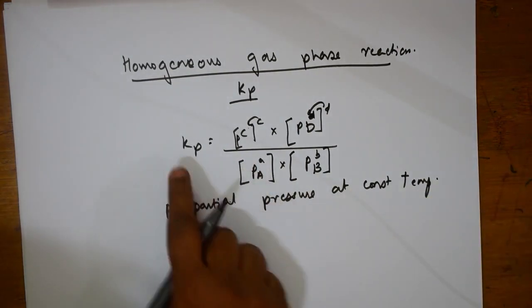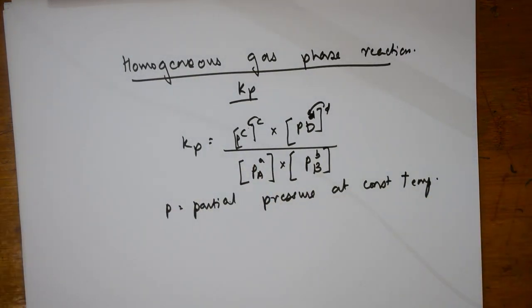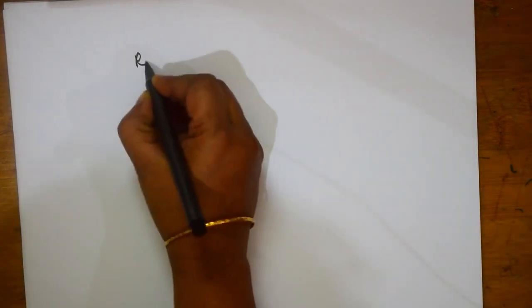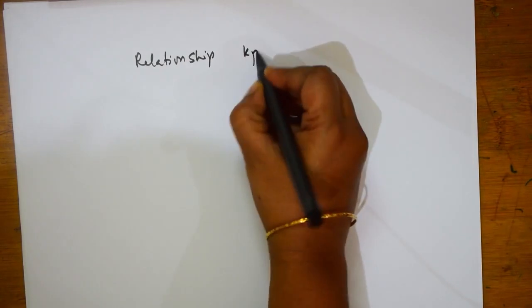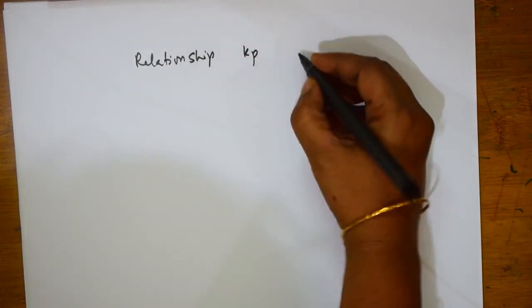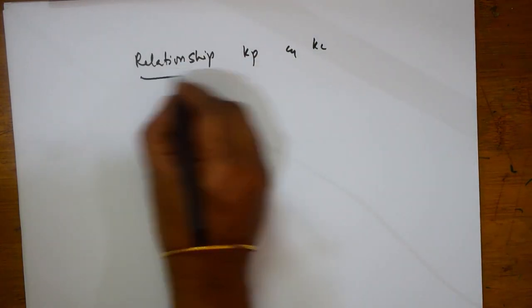So the equilibrium constant is denoted by Kp. If you find it in the gaseous phase, then you can take it as Kp. Done. And now next important thing, we're going to learn a relationship between Kp, the equilibrium constant in the gaseous phase, and Kc, the equilibrium constant.